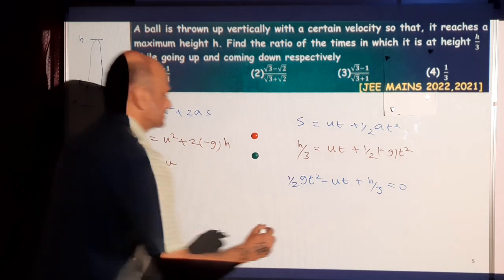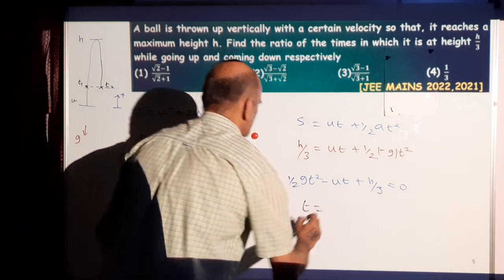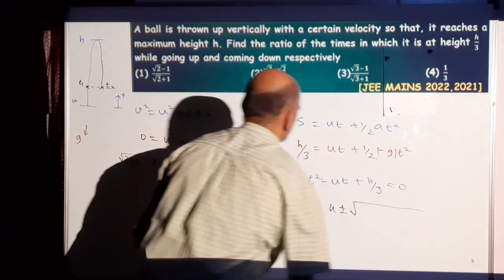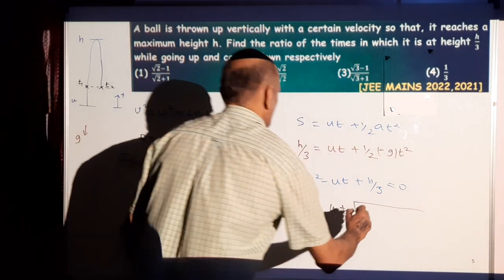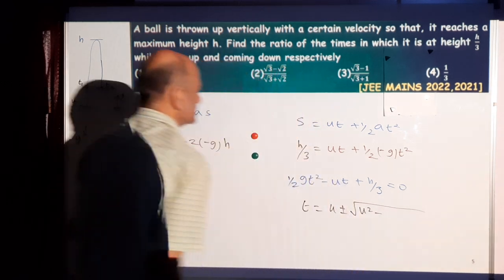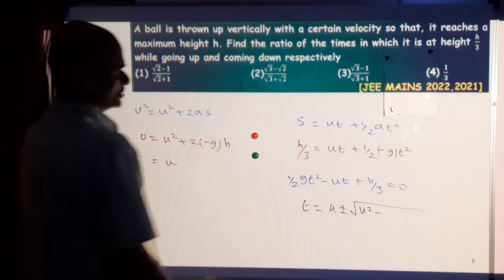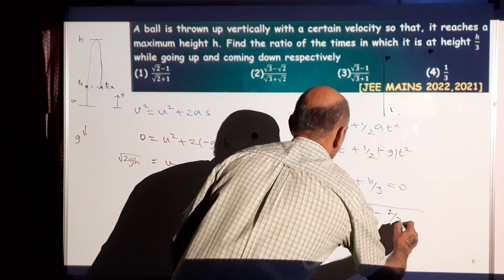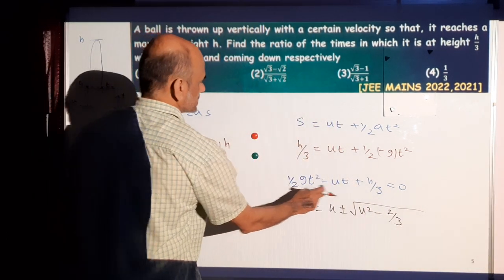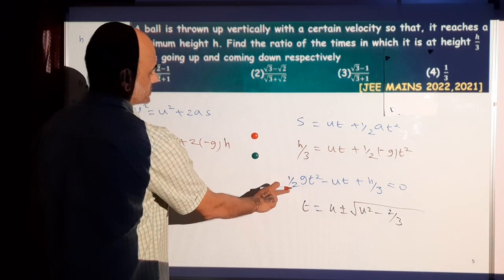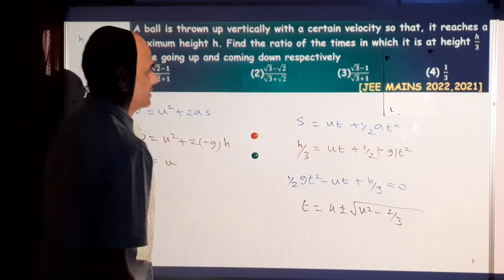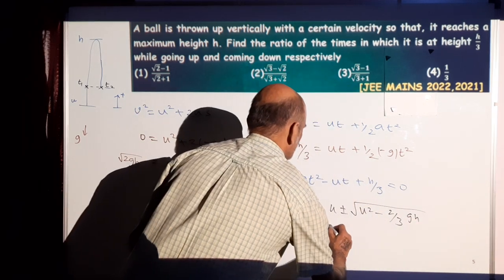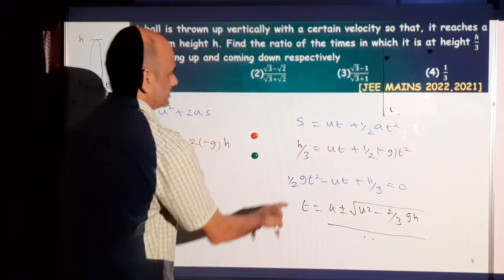Now the solutions are minus b plus or minus square root of b square minus 4ac. So 4 and a half will give me 2, and then here 1/3 is there. So 2 by 3. 4 into this, so 4 by 2 is 2, and then 2 by 3, and then gh, divided by 2a, which is g.